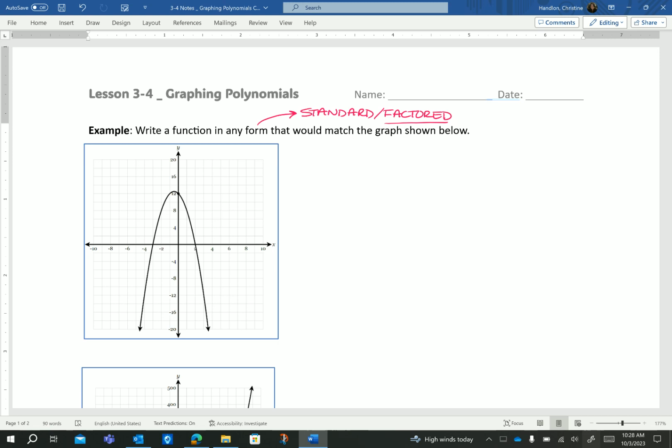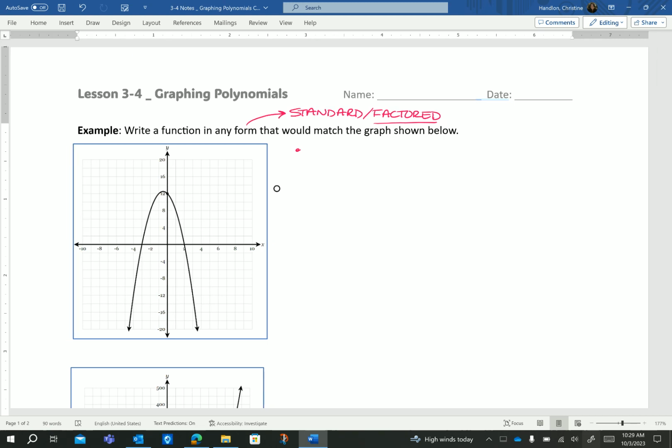So when you're given a graph, the first step is to find all your x-intercepts, if any. X-intercepts are also known as zeros or solutions, whichever terminology you've been more comfortable using.